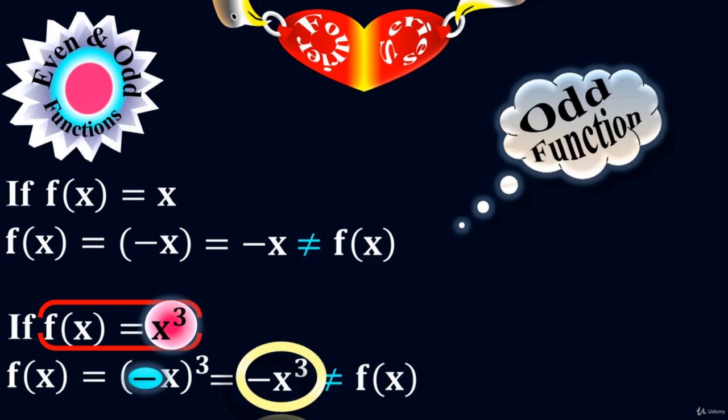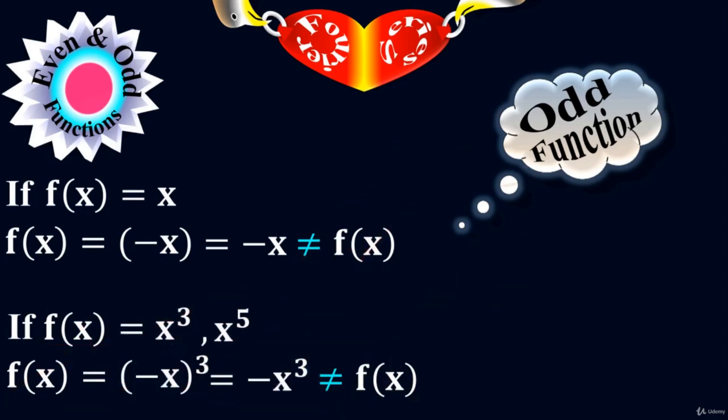So x cubed is an odd function here. So is x to the 5, x to the 7, and so on. If the power of the variable is odd, it is called an odd function.